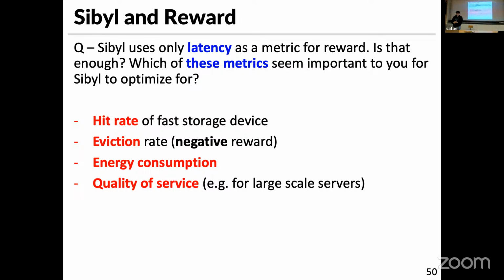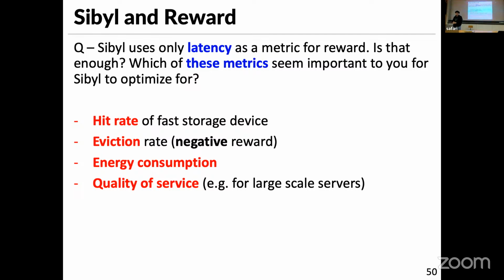Also, what I would have chosen from here would be quality of service. I think that could be a good metric to use, because in large scale servers, you don't really want to compromise on the user experience.